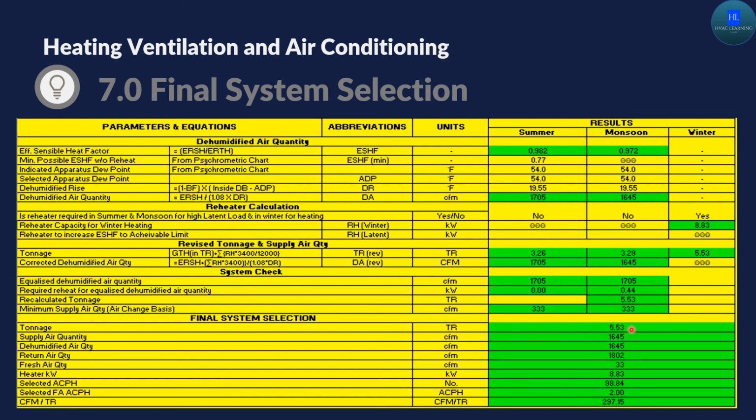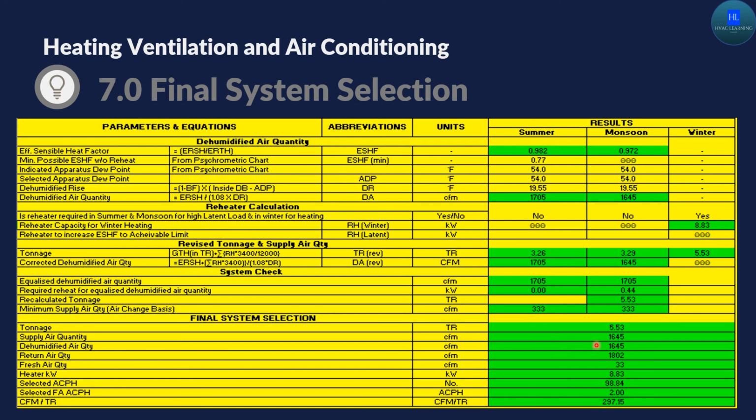In this sheet we are coming to know 5.5 TR is the tonnage needed for this particular AHU. Then we come to know around supply air quantity, which is in tune of 1645. We come to know about the dehumidified air quantity, which is to be in touch with the cooling coil to achieve the tonnage of 5.53.